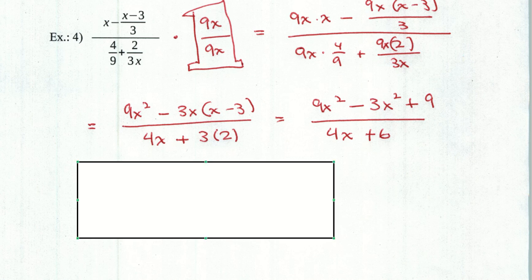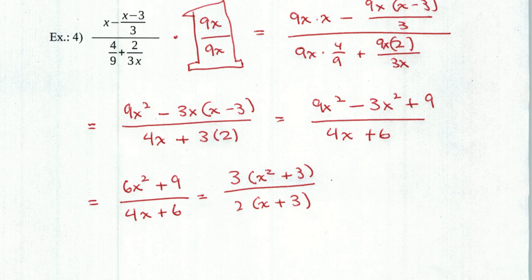Now, we're going to try to clean this up because there's still like terms. The 9x squared and the negative 3x squared terms in the numerator, for example, are both x squareds. So we can combine those. The positive will win by 6, so we're left with 6x squared plus 9. Now, both the numerator and the denominator factor, and it's good to check to see if anything cancels after factoring.